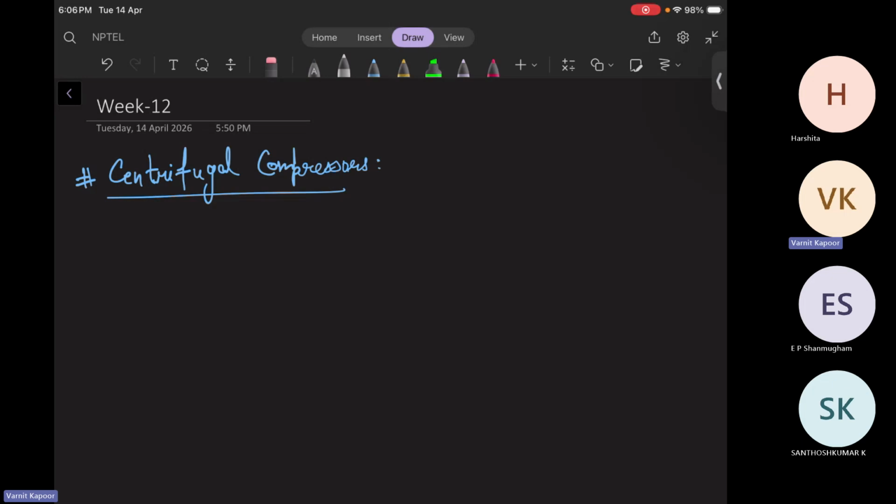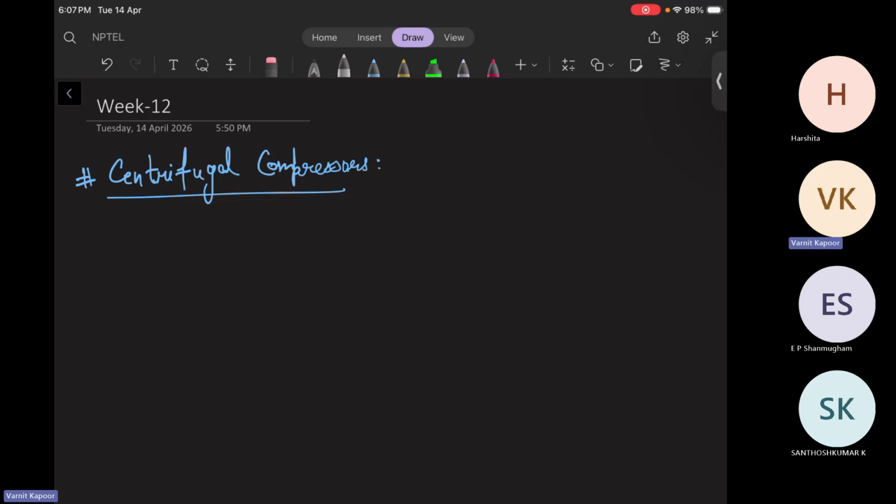Generally the compressors are designed in such a manner that 50% of the total pressure rise happens inside the impeller and the remaining 50% happens inside the diffuser. I have discussed in detail what the impeller and diffuser were when I drew the schematic diagram, so you can refer to that diagram.